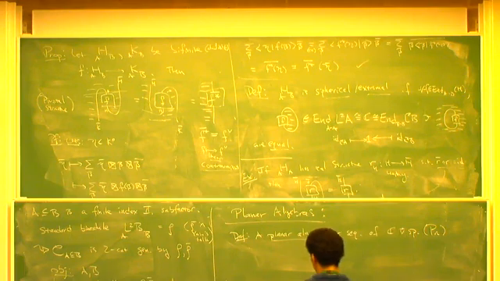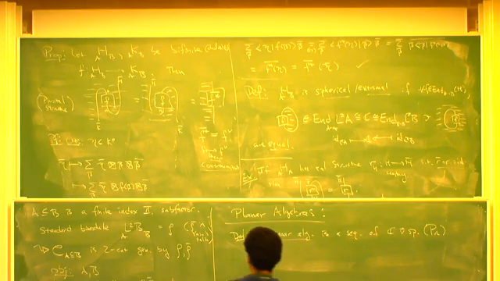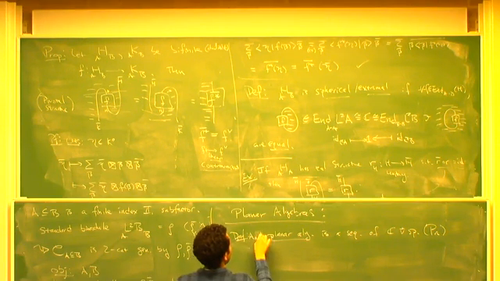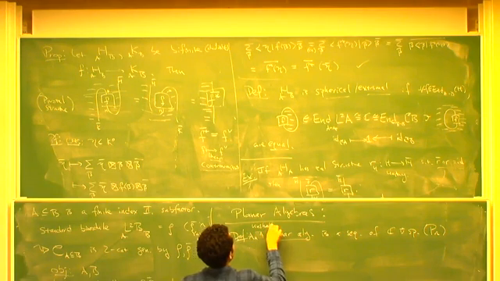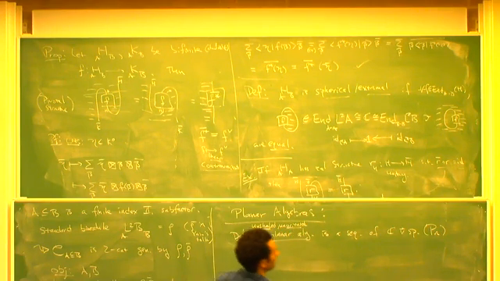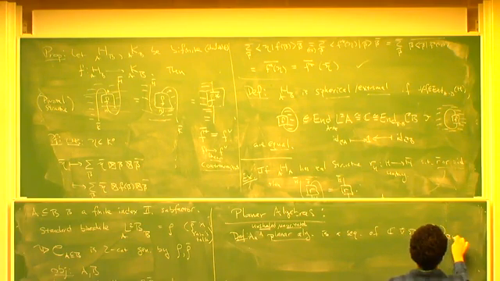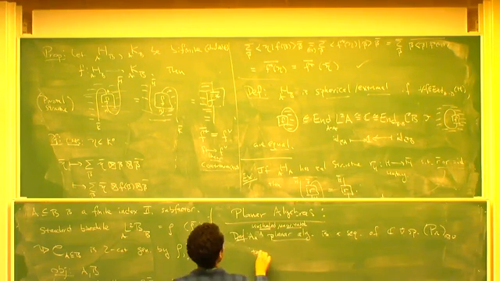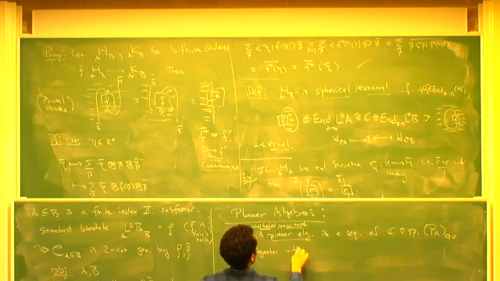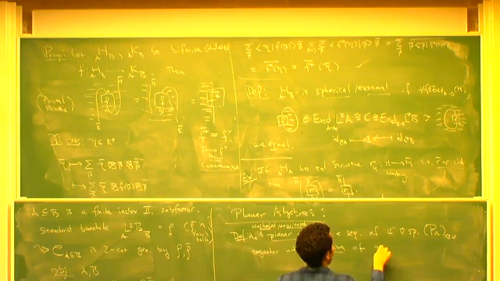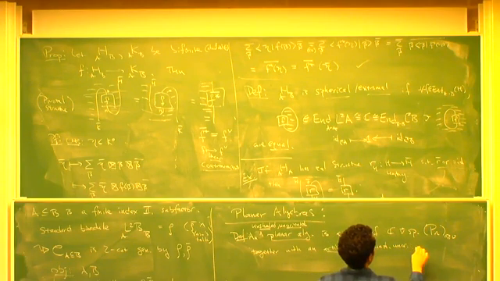The first thing I'm going to do is a warm up here, which is unshaded, unoriented. It's a sequence of complex vector spaces, n greater than or equal to 0, together with an action of unshaded, unoriented planar tangles.